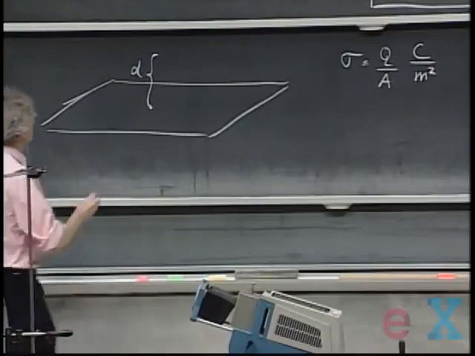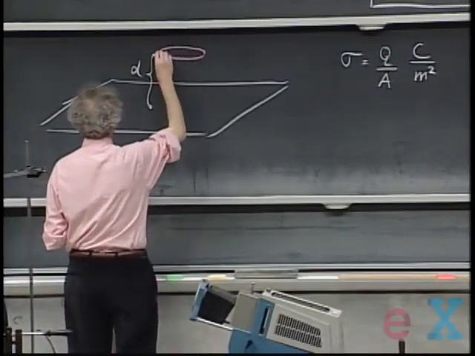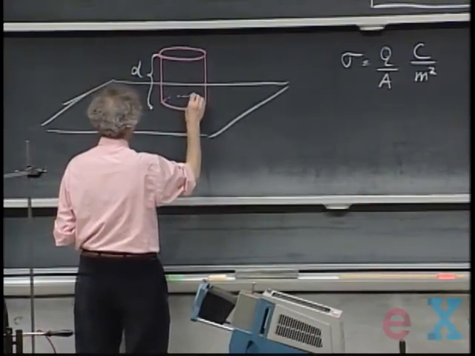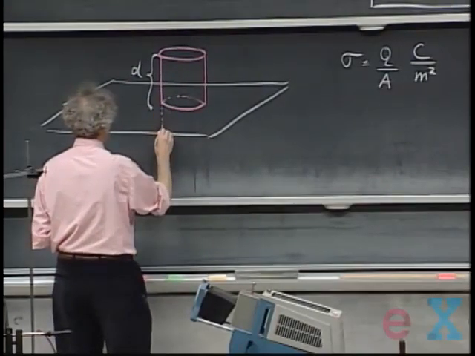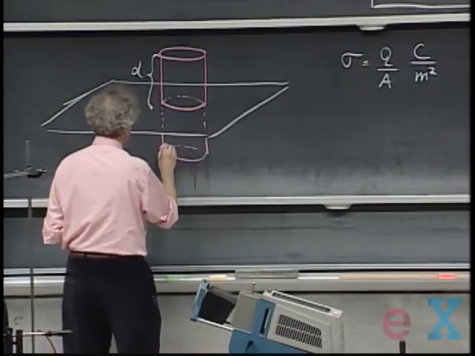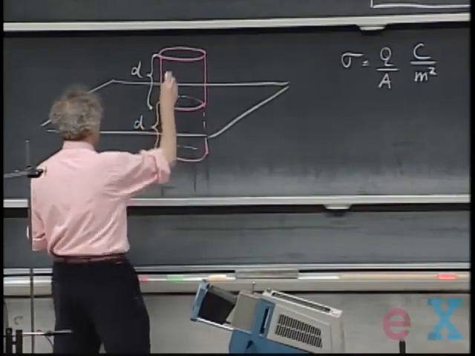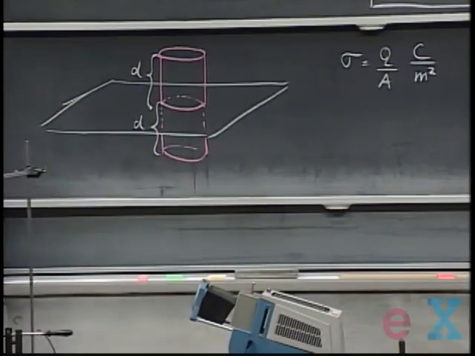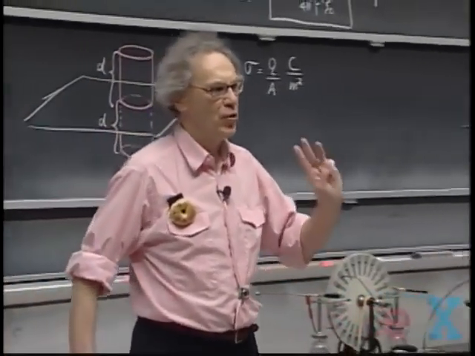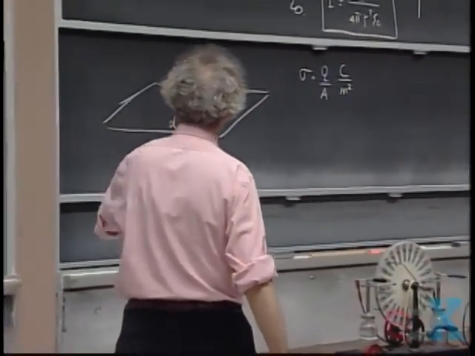What I do now is I choose this as my Gauss surface. Watch me closely. This is the intersection with the plane. This is my Gauss surface. It is a closed surface. Three conditions have to be met for you to be able to calculate what the E vector is at that location d.